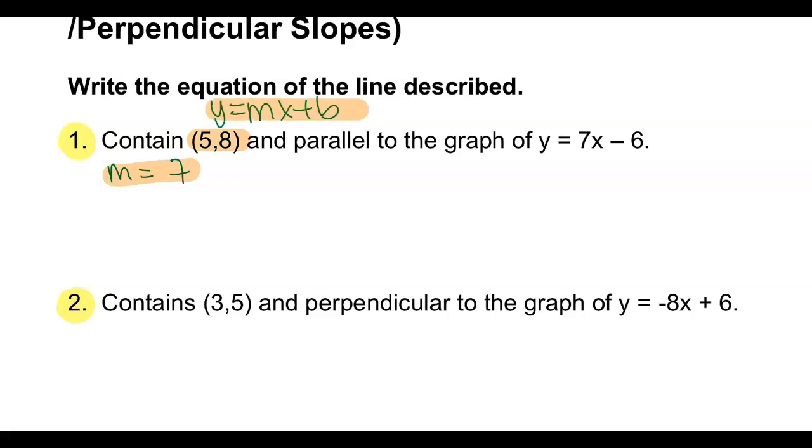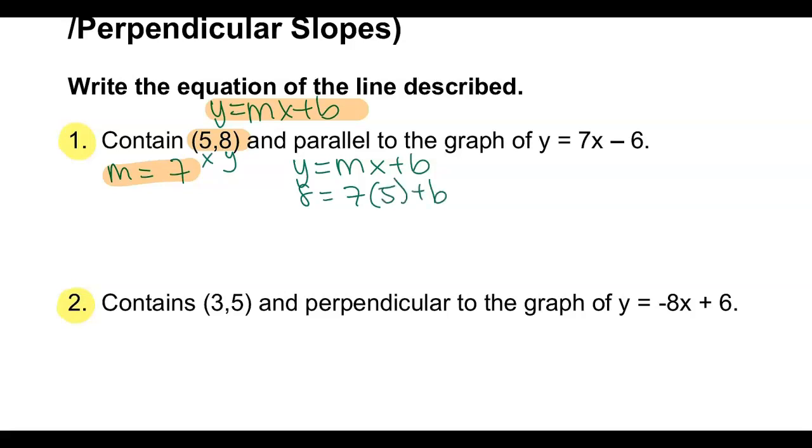That's mistake number 1, and I'm betting money, guys, if this is a multiple choice test or quiz, especially if I make it, that there is going to be an answer that says y equals 7x plus 8, because I know some of you guys are going to put that 8. So write this out as y equals mx plus b. We're going to plug in the y value, which is 8, the slope is 7, and the x is 5.